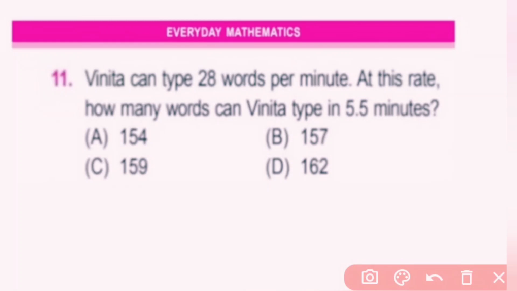Next section is everyday mathematics. Question number 11. Vinita can type 28 words per minute. At this rate, how many words can Vinita type in 5.5 minutes? So in 1 minute she can type 28 words.